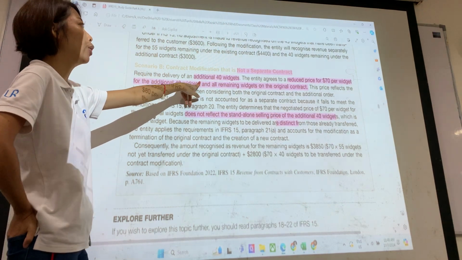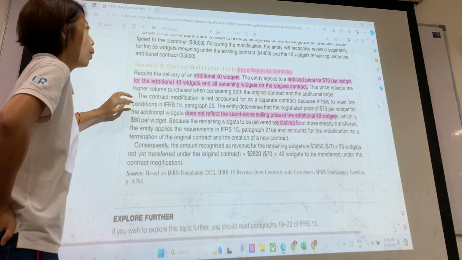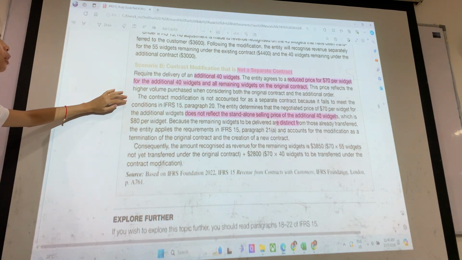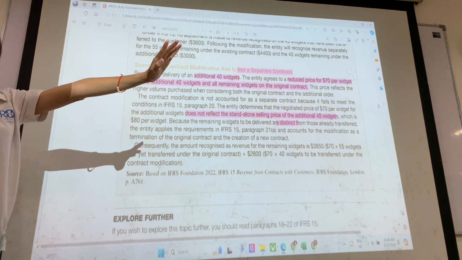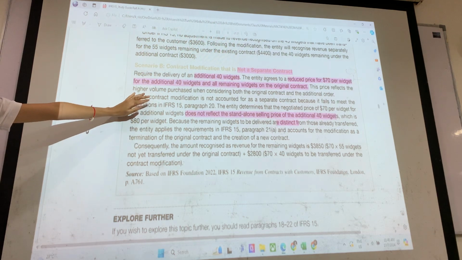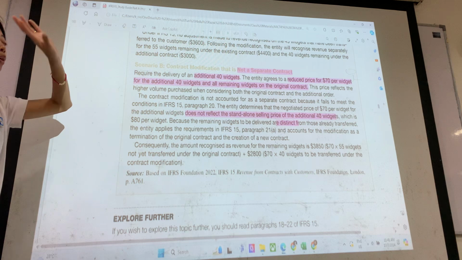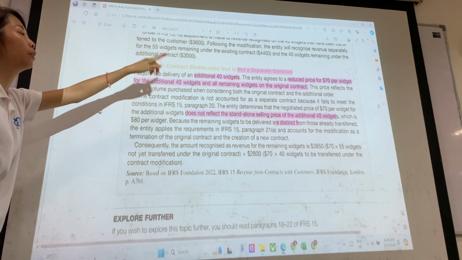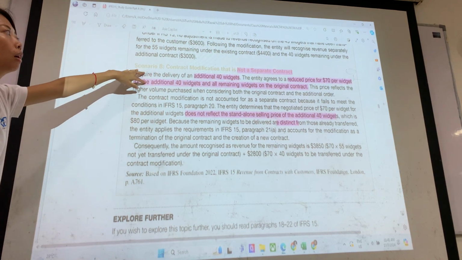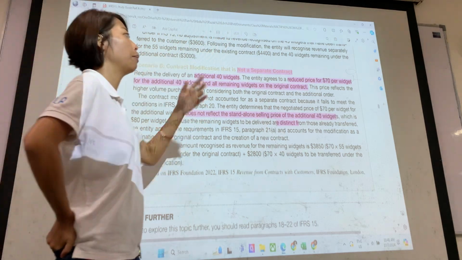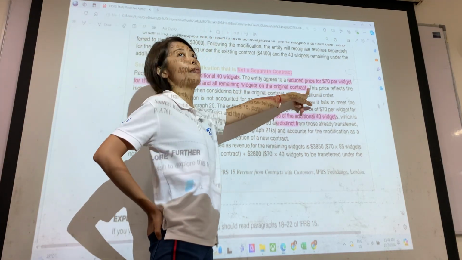And we agree with a reduced price of $70 per widget for all the undelivered units. That means the 55 out of the 100 from the original contract and also the 40 additional ones, the customer will pay us based on $70.